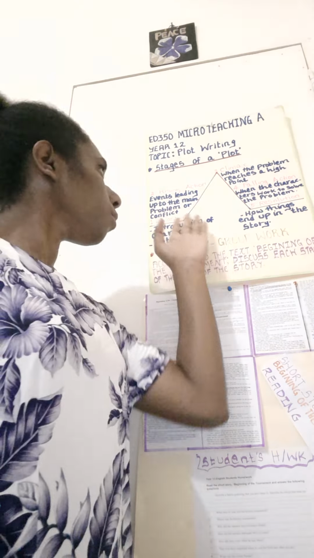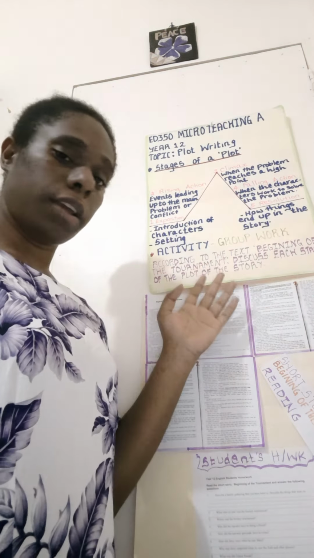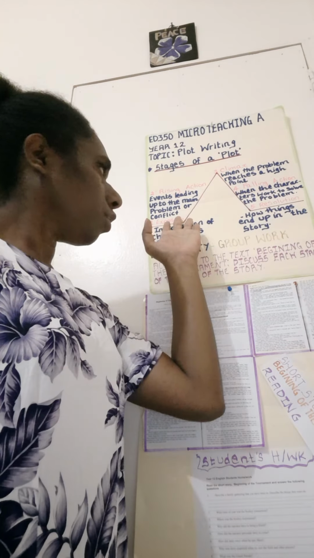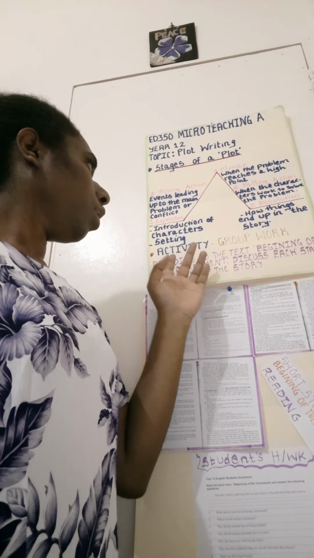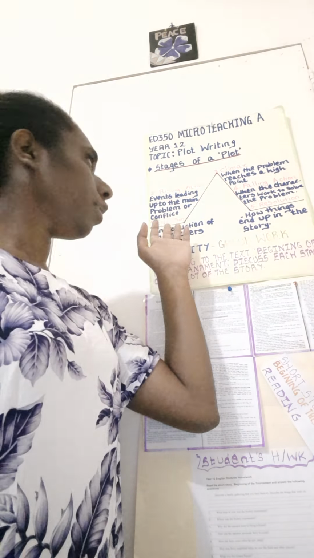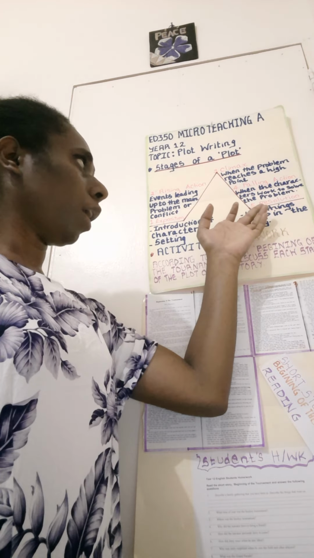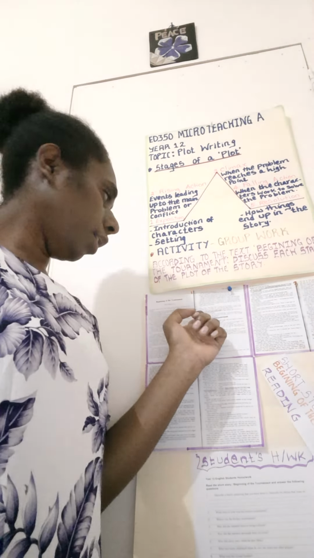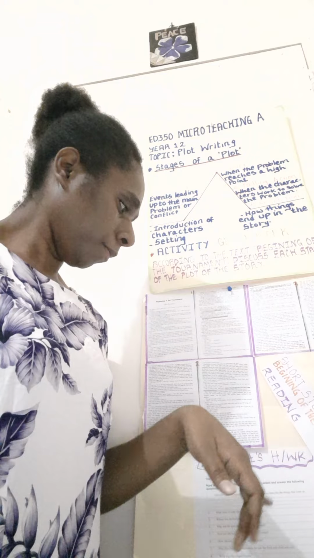Each group will be discussing one stage of writing a plot. By discussing and writing the plot of the story, each group will have to identify one stage of the plot and relate it back to the story, Beginning of the Tournament.